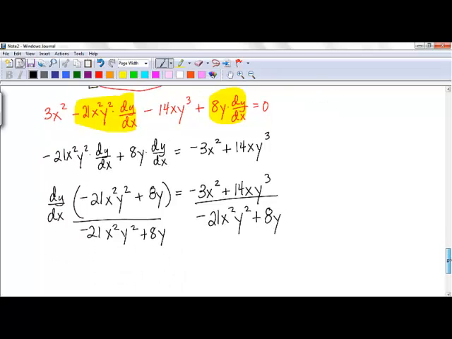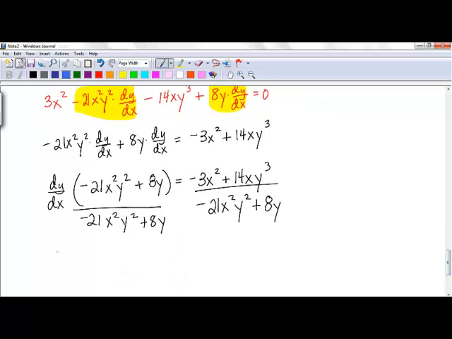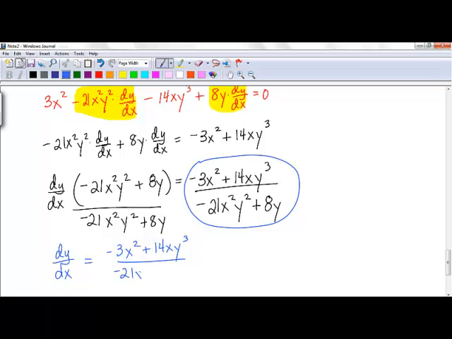Okay, so your final answer is the derivative of y with respect to x equals this whole thing: negative 3x squared plus 14xy cubed, all over negative 21x squared y squared plus 8y. You don't have to factor out. If there's something in common top and bottom that will simplify it, the author probably will do that, so you may want to check that in the back of the book. But that's as far on this one as it goes.